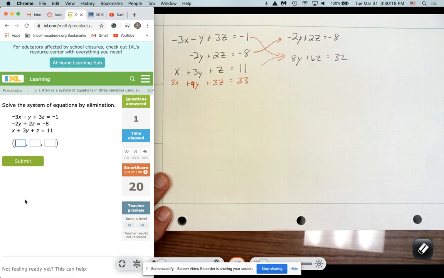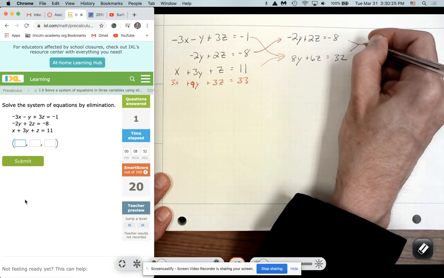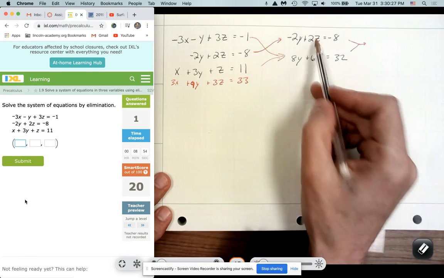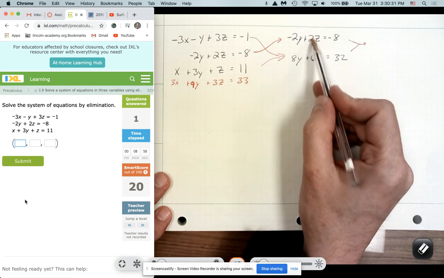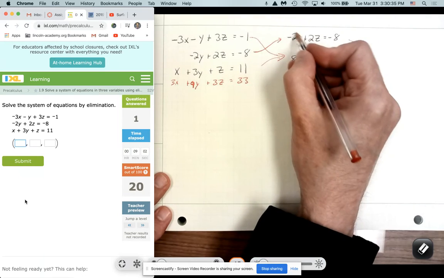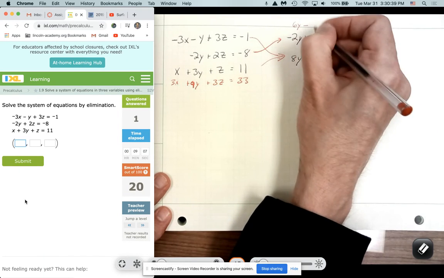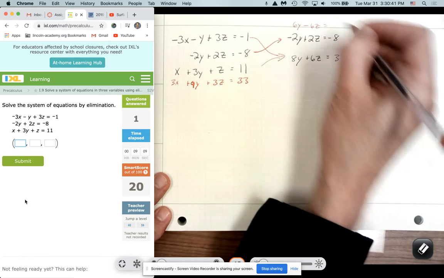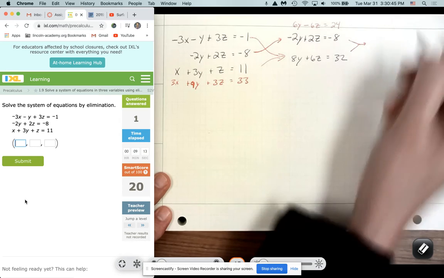Now what I'm going to do is combine those two equations to eliminate a variable. The easiest variable, I think, to eliminate for this one would probably be the z, because I like to keep my numbers the smallest. I'm going to multiply by a -3. So if I multiply by -3, that's going to become a positive 6y, a negative 6z. And again, I'm multiplying by -3, so that's going to become a positive 24.